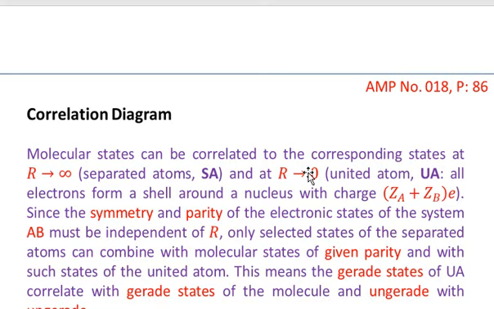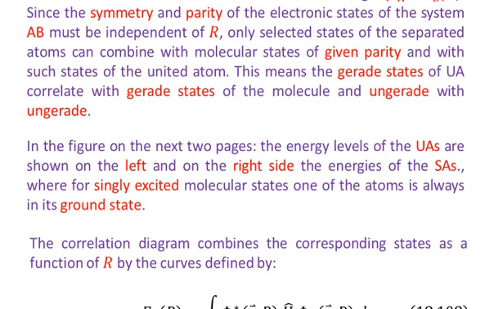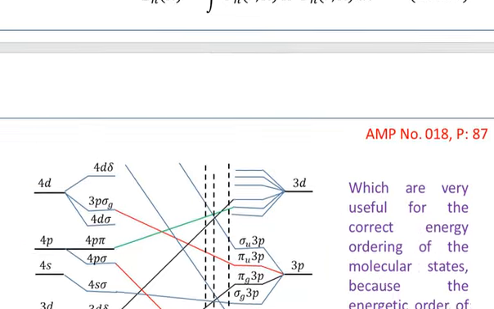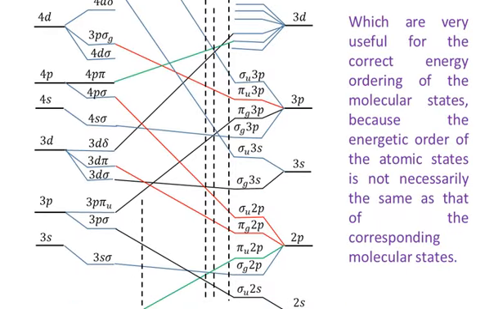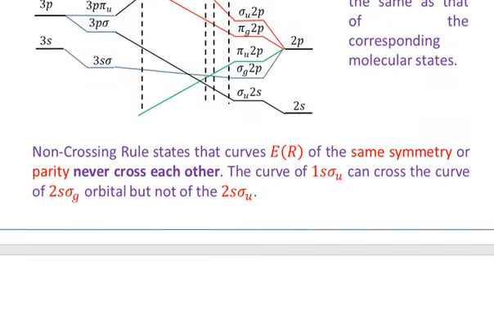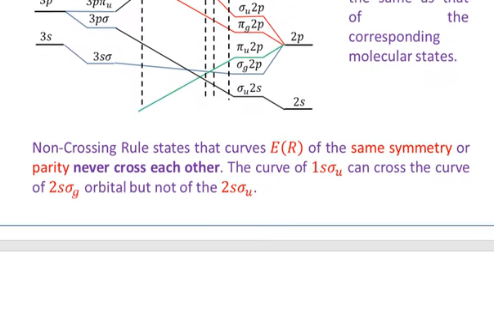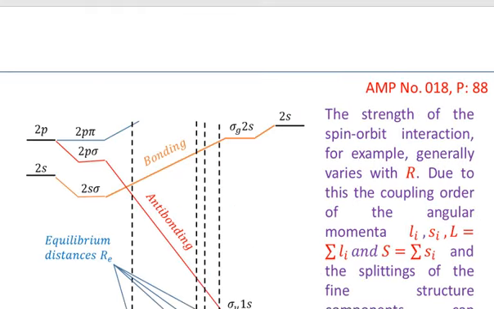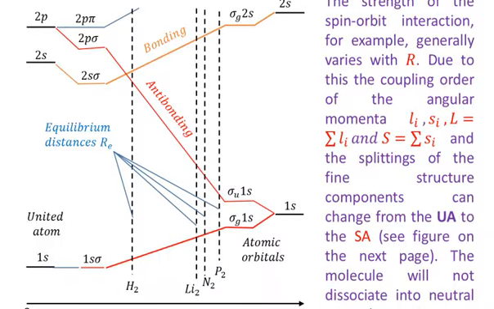So any molecular state can be represented by the state of the separated atoms and by the united atom, provided they have the same parity. This has been explained, and this diagram has also been given over here. And the non-crossing rule has also been given, that is, states of the same parity never cross each other. And this is the second part of the same curve.